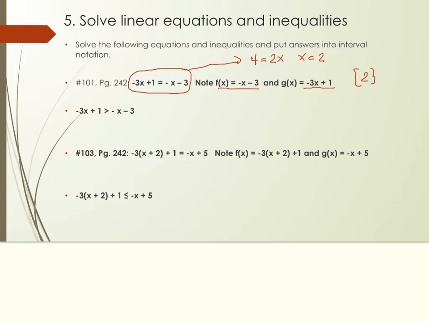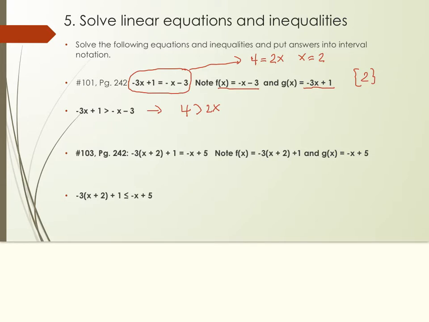Now I'm going to do an inequality, and the inequality is slightly different because there can be a set of points that will actually work. I handle it basically the same way. I leave the inequality alone, and I do the same motion. I get 4 is greater than 2x, right?